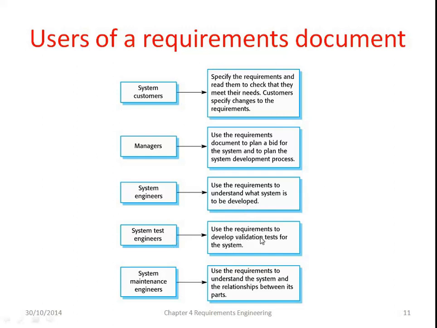The system test engineer uses the requirements to validate the tests for the system, that is, whether the developed product is correct or wrong. The system maintenance engineer uses the requirement documents to understand the system and the relationships between its parts, its components.